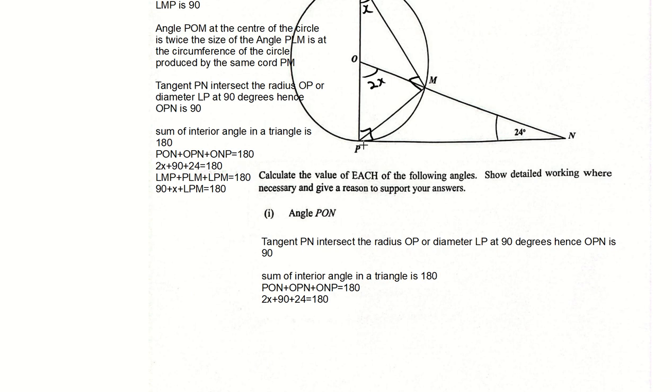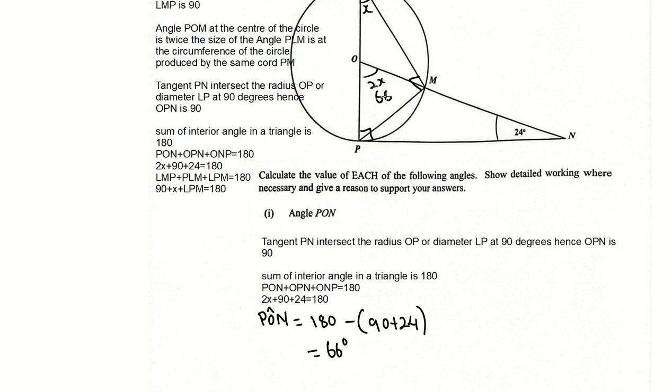Right, so I will now put PON, which we dub as 2x. Right, so we know that PON is equal to 180 subtract 90 plus 24, right? 180 minus 90 plus 24 is 66 degrees, right?